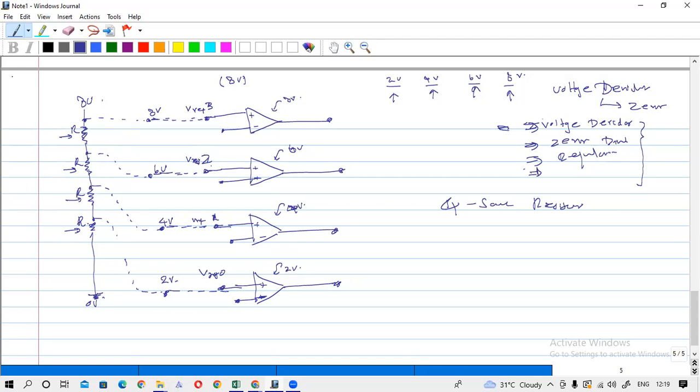So you can put Ohm's law, V equals IR, to the whole circuit, and again use V equals IR to find the specific voltage level. Here, let's say it is V3, V2. These are the references: Vref3, Vref2, Vref1, and Vref0.